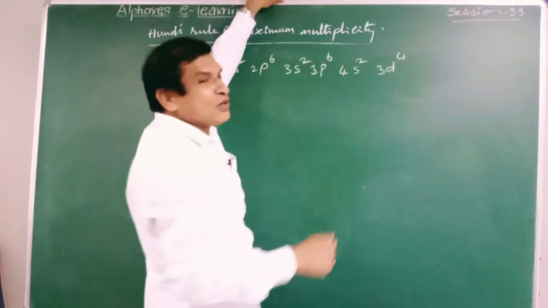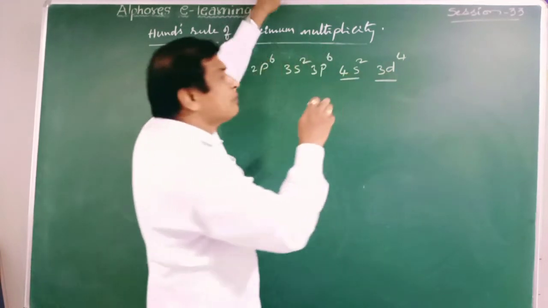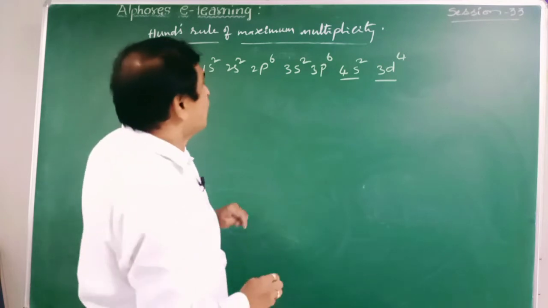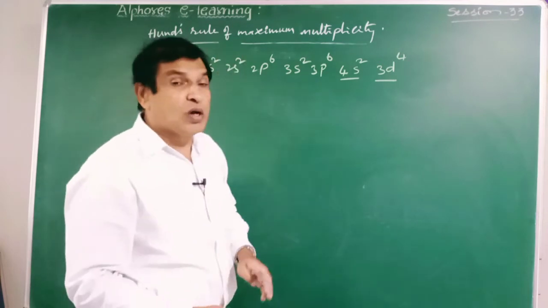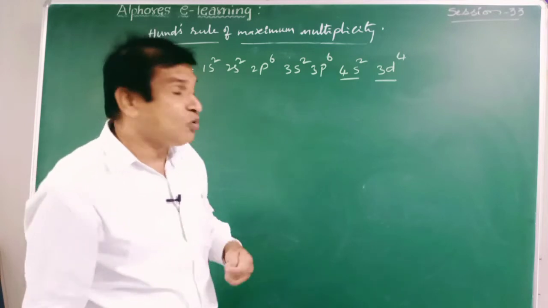We can write the normal electron configuration like this. Now, according to the significance of Hund's rule, a half-filled d orbital is more stable.